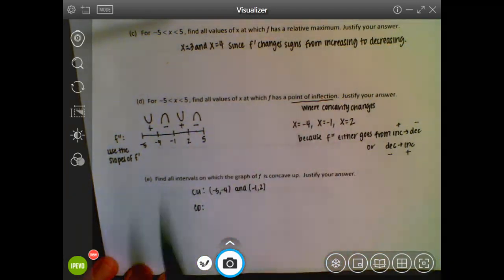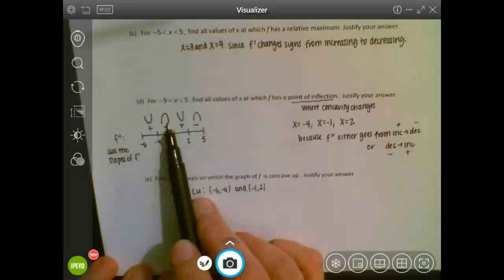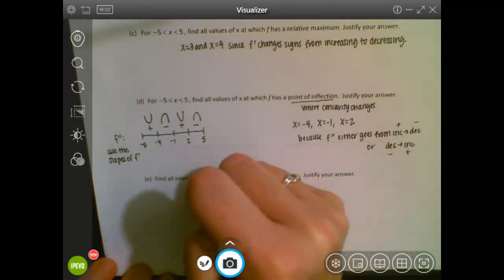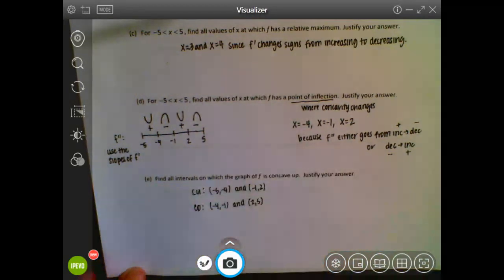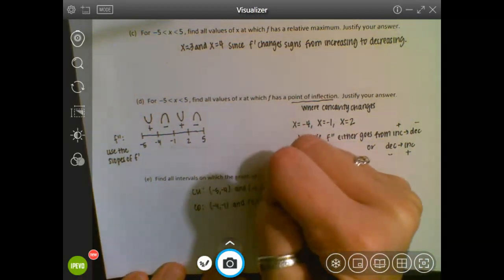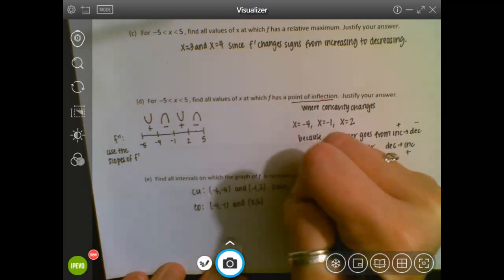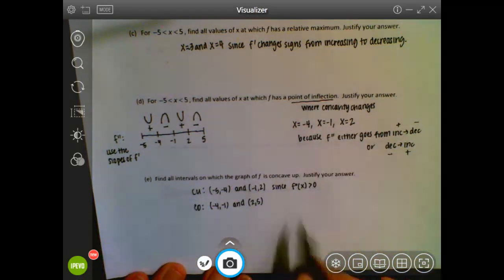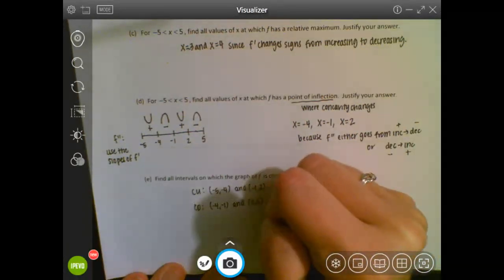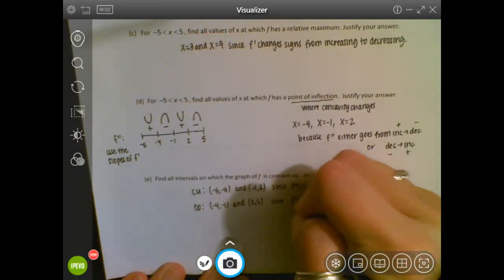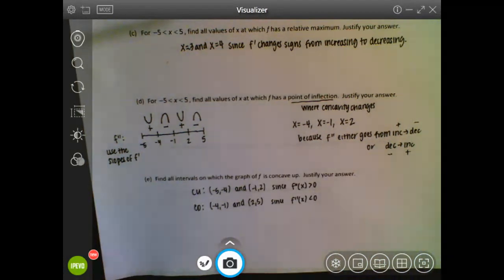And we are concave down from -4 to -1, because that's where we're minus here, and from 2 to 5. And I'm going to put for these my reasoning. So we're concave up since our second derivative or f double prime is positive, and we are concave down where our second derivative or f double prime is negative.